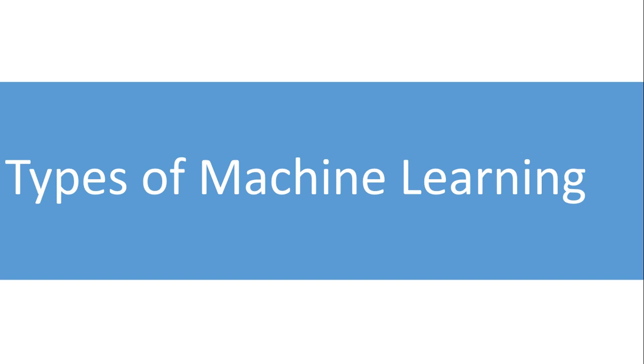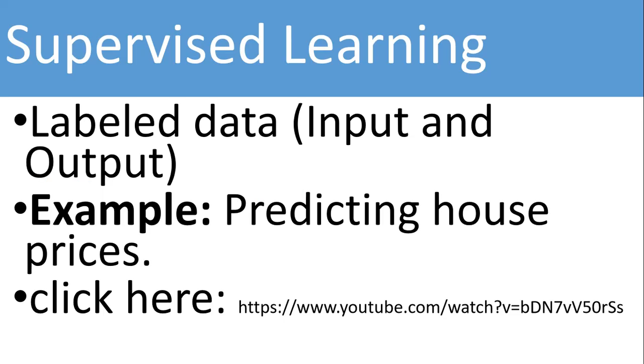Okay. Types of machine learning. We move forward. Supervised learning. When we talk about supervised learning, we think about two things.